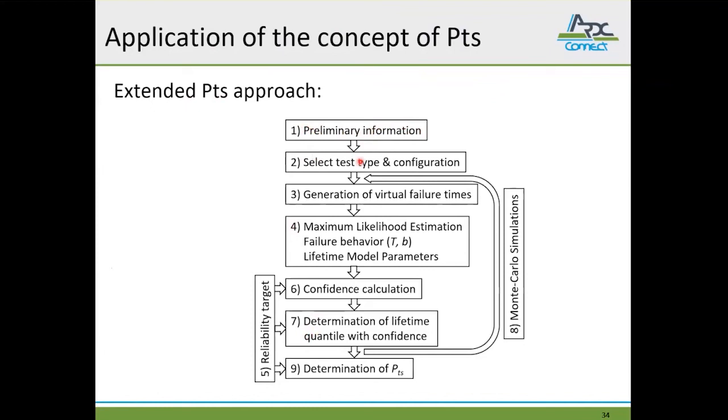Then we select the test type and the test configuration, which might be an end-of-life test, could be an accelerated end-of-life test or a success run test. We perform some simulation by generating failure times repeatedly. Then we perform a maximum likelihood estimation to estimate our failure behavior and the life model parameters.